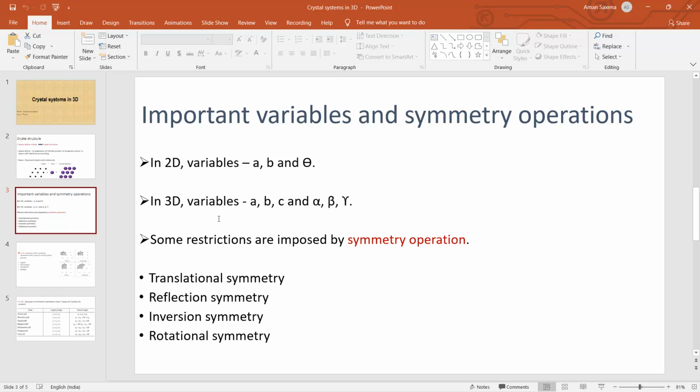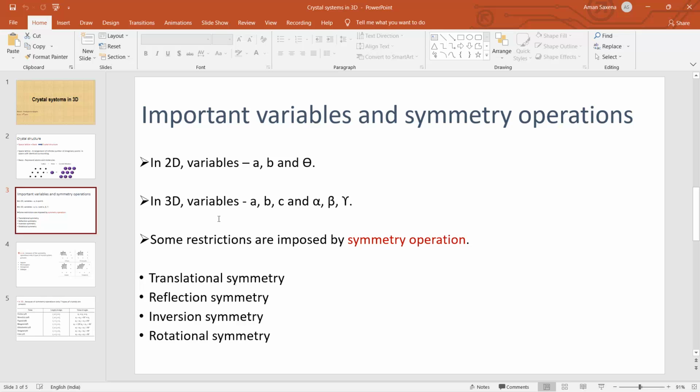Because to define a crystal we need n vectors, we need n times (n minus 1) over 2 angles, where n is the dimension of the crystal system. These are the important variables to generate the crystal in space.